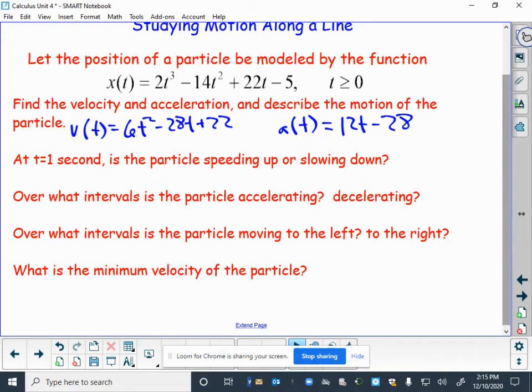The velocity is quadratic, positive, opens up there, so we could figure out at 0, this is at 22, and it's opening up. We could figure out where the vertex of this was too, that's minus b over 2a, so 28/12.